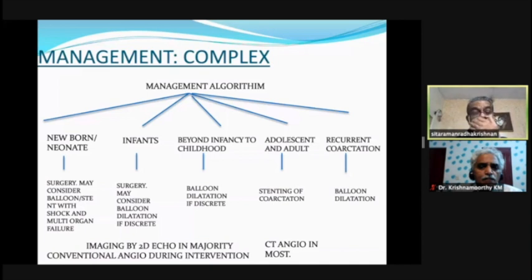So, it starts with surgery in newborns and infants, moves on to balloon dilatation in infancy and childhood. It is said that once they reach 20 kilos, some people say 30 kilos, you can think about stenting of the coarctation.